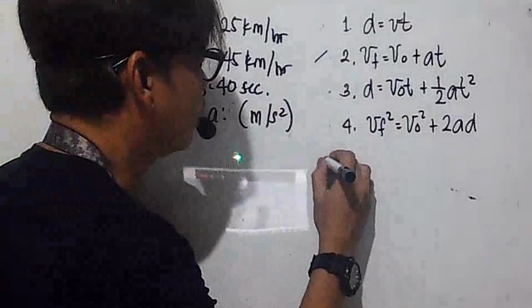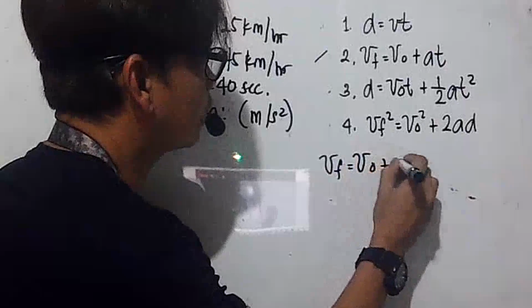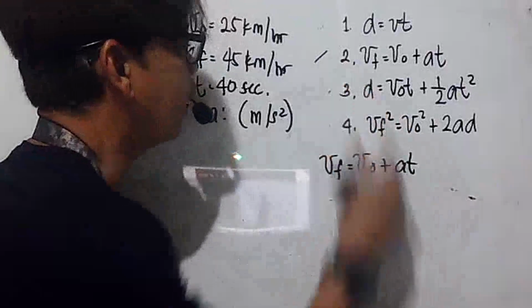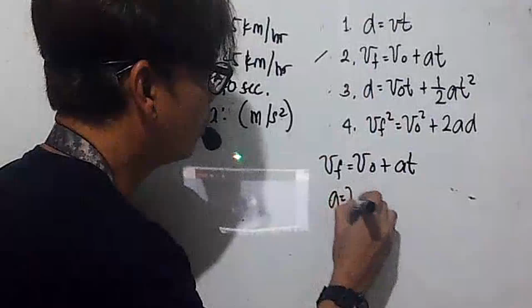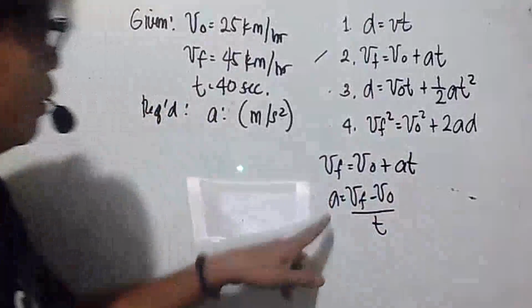Here, so it is VF is equal to VO plus AT. So your A now is equal to VF minus VO all over T. So this is the formula.